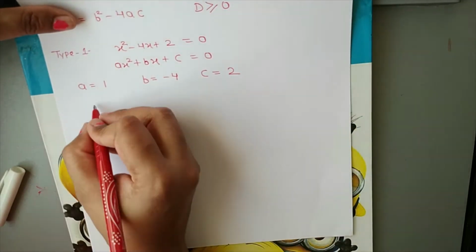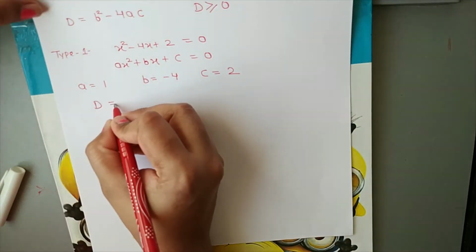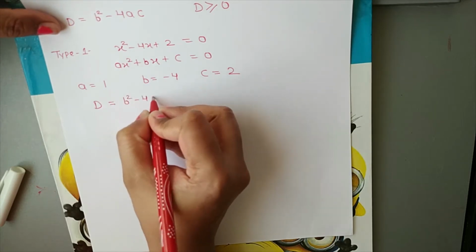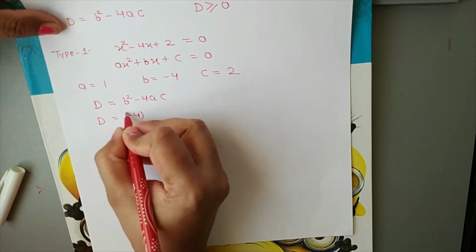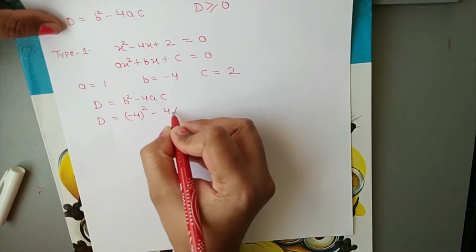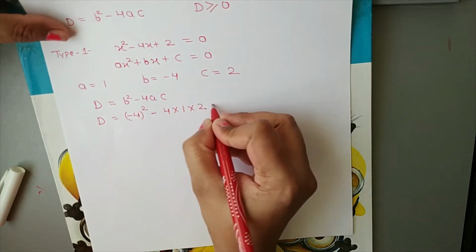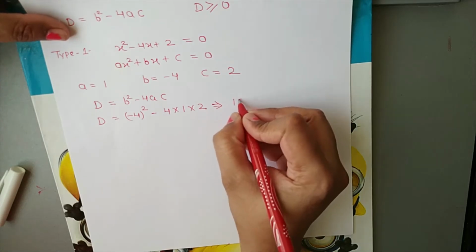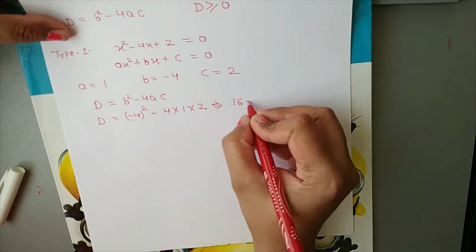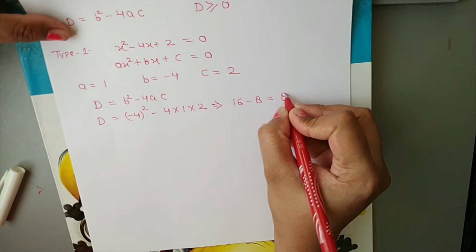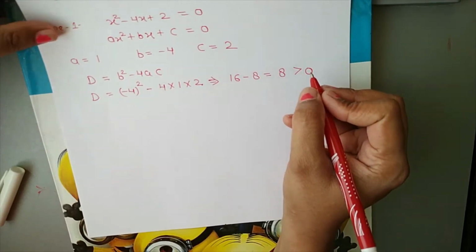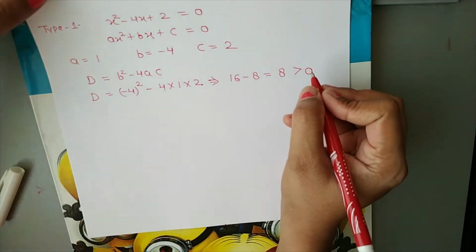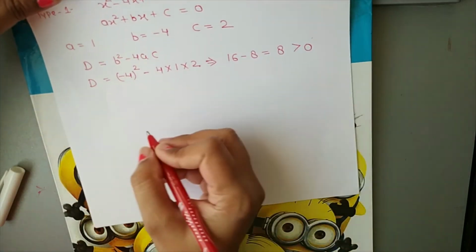Find D. D is equal to b square minus 4ac. So minus 4 whole square minus 4 into 1 into 2, that is 16 minus 8, so it will be 8. 8 is greater than 0, it means these are real roots.